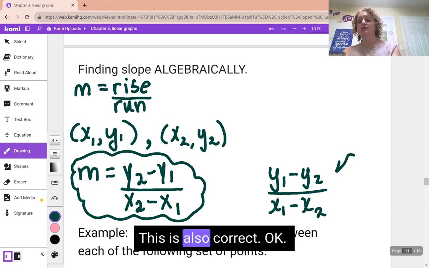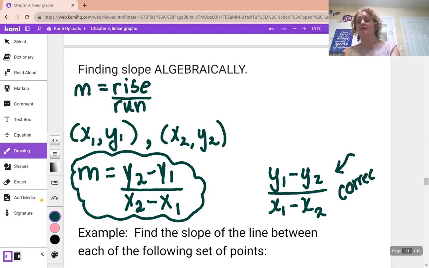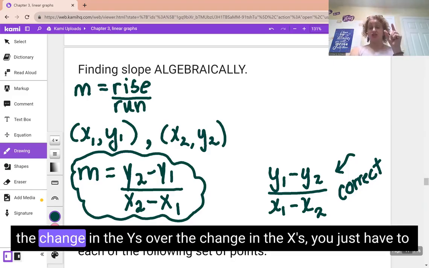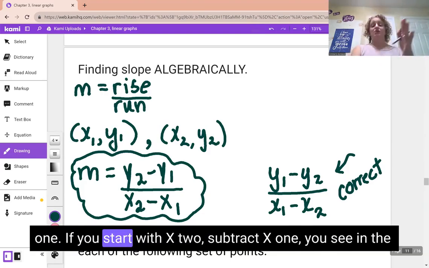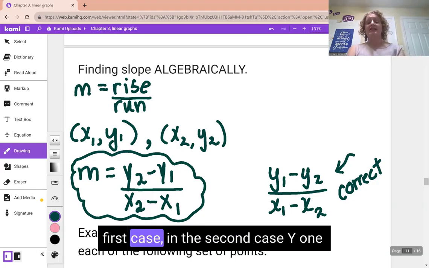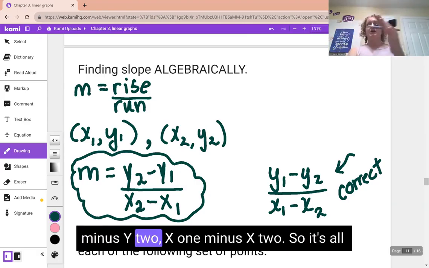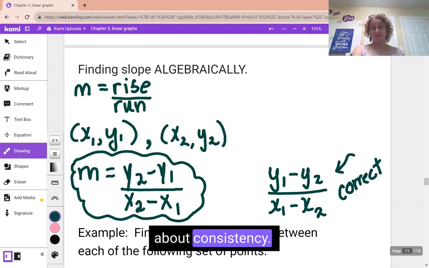This is also correct, because it's the change in the y's over the change in the x's. You just have to be consistent. If you start with y2, you subtract y1. If you start with x2, subtract x1. You see that in the first case. In the second case, y1 minus y2, x1 minus x2. So it's all about consistency.